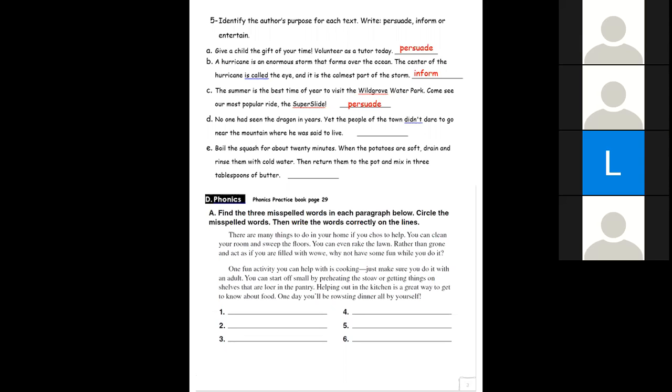Does it include information? Does it try to convince you, or does it tell you a story? A story. So when it tells you a story, what's the author's purpose? Persuade, inform, or entertain?